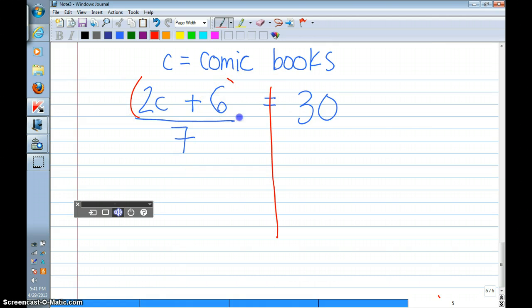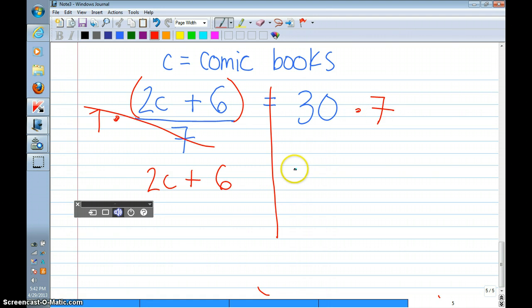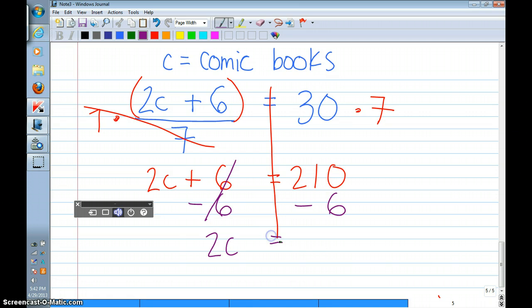Since we have parentheses, I'm going to make sure to do that. First step, times both sides by 7. 2C plus 6. Again, I can think of 3 times 7, so we're left with 21 and add our 0. Next step, get rid of the 6, so I have to subtract 6 from both sides. 2C.